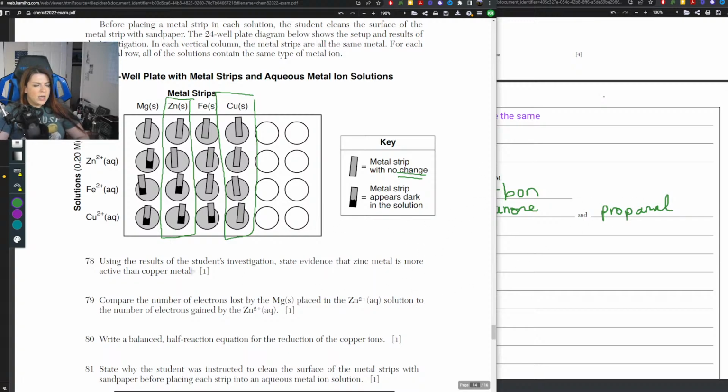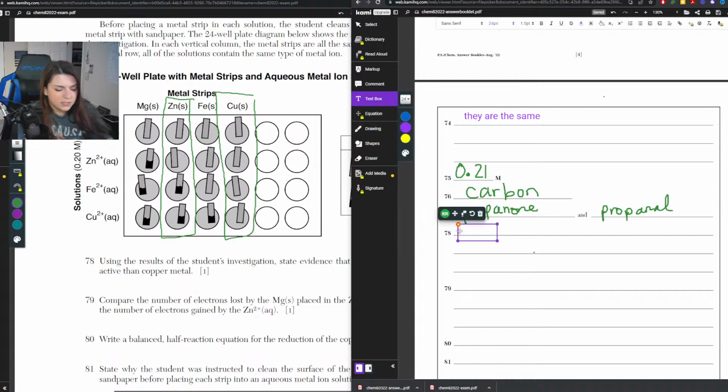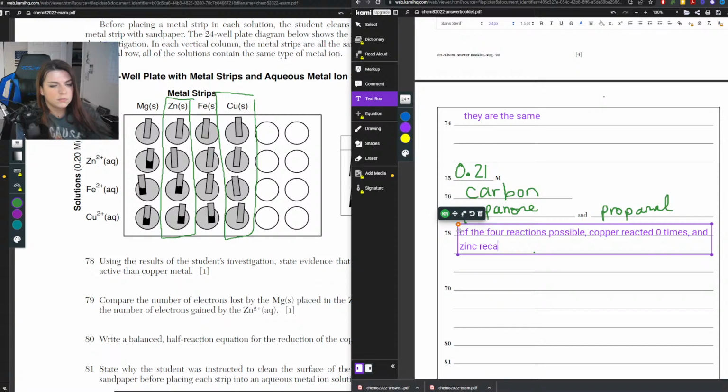So right there, that is telling us zinc had 2 reactions out of a possible 4, and copper did not react at all. So for 78, I would say, of the 4 reactions possible, copper reacted 0 times, and zinc reacted twice. Boom.